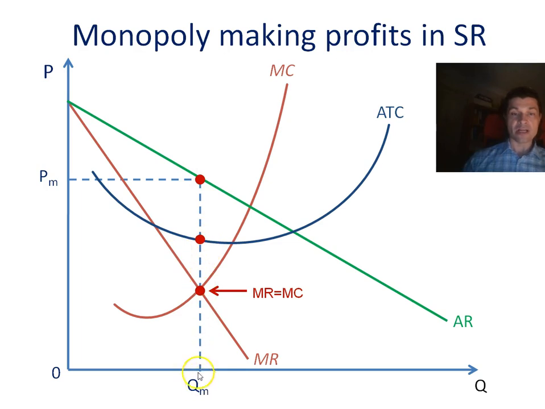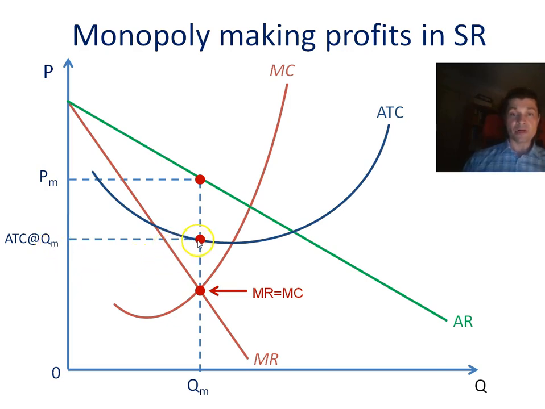So our level of output QM will guide us to the point on the average total cost curve that will give us the cost of producing each unit that the monopoly is making. So if we go across, we get our average total cost at QM level of output.